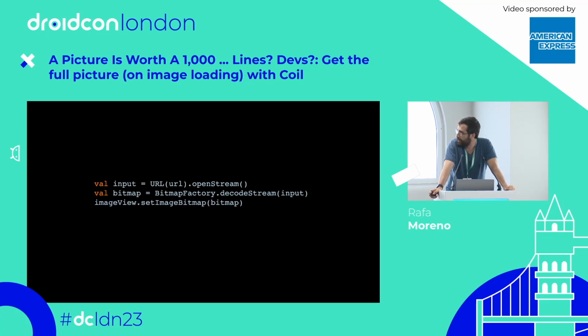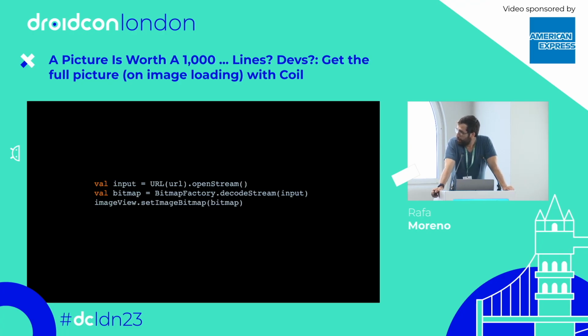The first piece opens up a stream, creates an I/O connection that actually pulls it from your server or wherever your remote source is. The second one passes in that stream that we get back and puts it into the bitmap factory, which is the Android SDK's decoder for the bitmaps that come back.